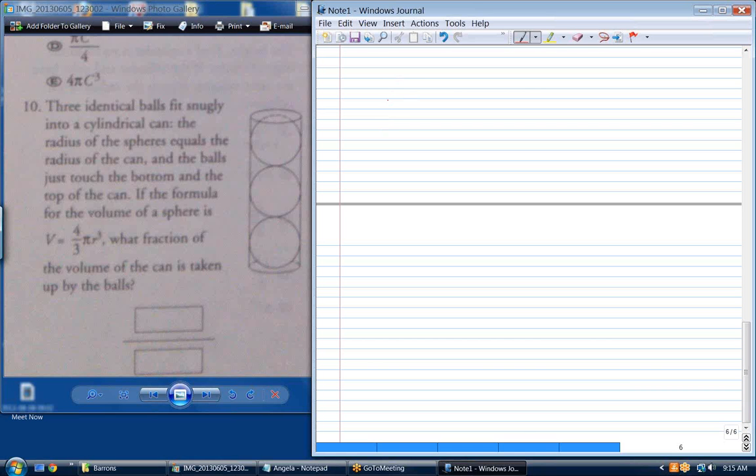So let's spell out what we're going to need to know. What are they asking for? What expression is it that they're asking for? Well, it's the volume of the 3 balls divided by the volume of the can.